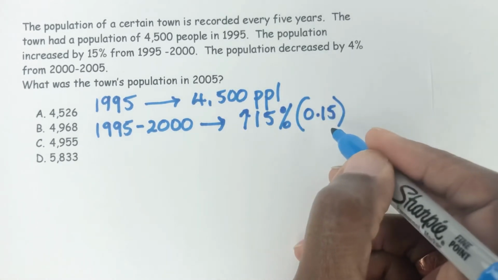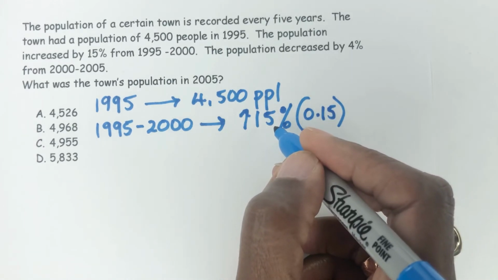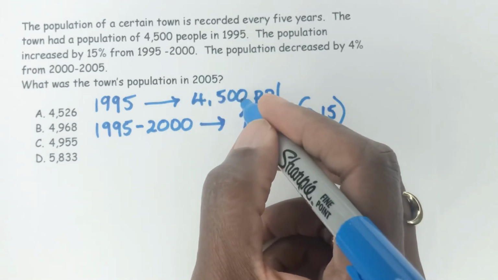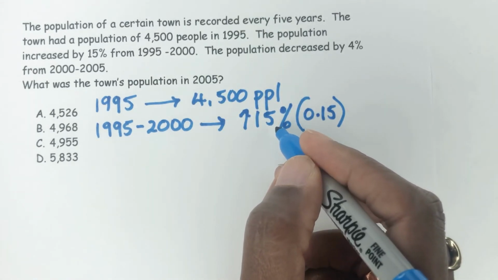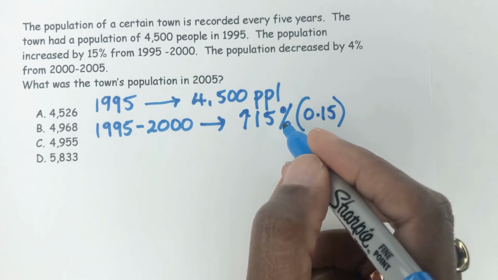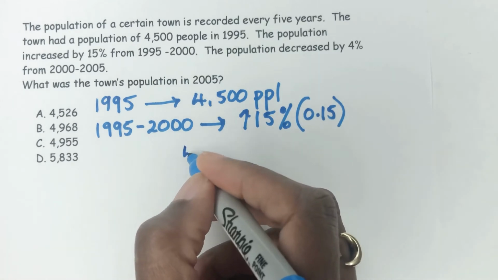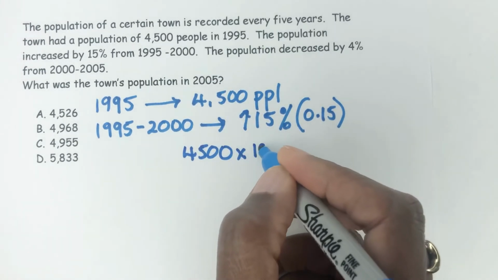But if you're not familiar with all of that, you can still use the 15, and then what you would do is multiply 4,500 by 15 to get the answer of that percent, right? So let me write it here. You would say 4,500 times the 15, right?